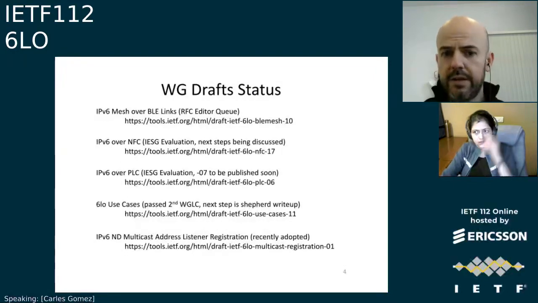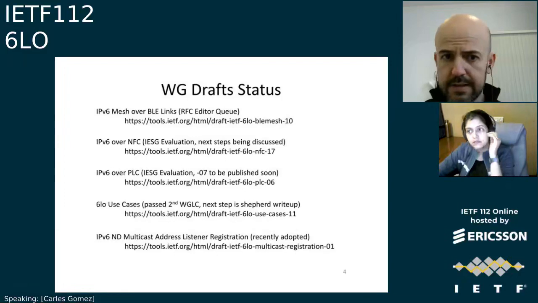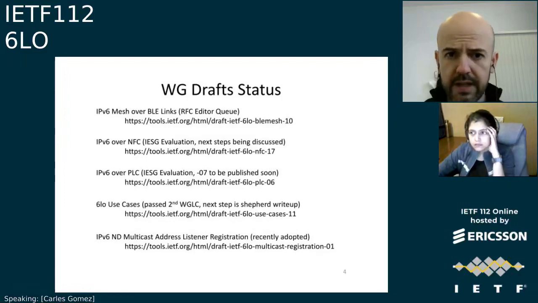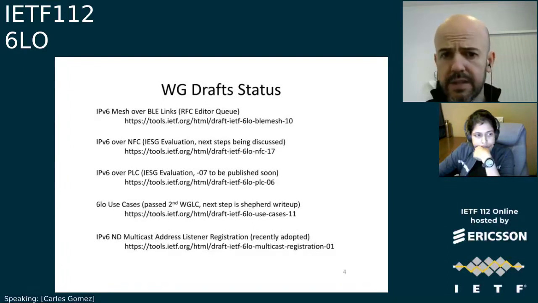So regarding the working group documents status, we have one document in the RFC editor queue. That's the IPv6 mesh over BLE links. Then we have two documents that have been evaluated by the ISG. The first is IPv6 over NFC. This document was evaluated the first time by the ISG a couple of years ago.